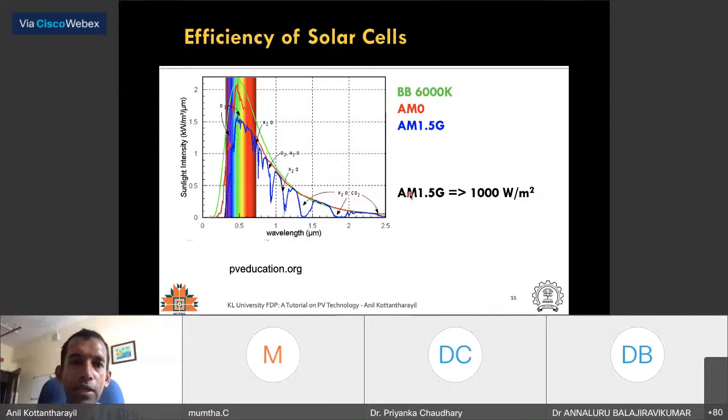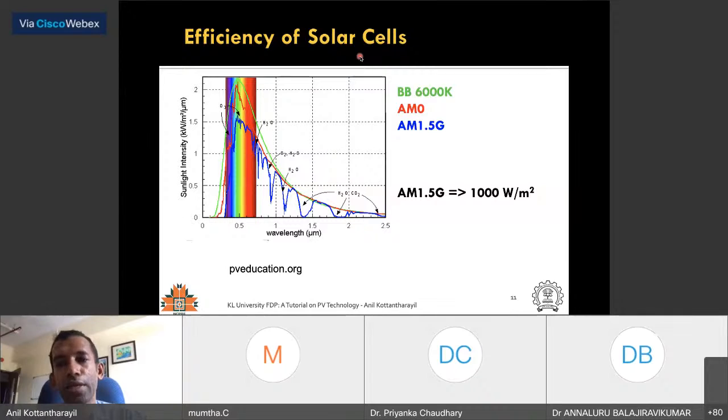Now people talk about the efficiency of a solar cell, which is a very important thing. How do you define the efficiency of any system? The output divided by the input, right? A very important thing to consider here is what should be the input.